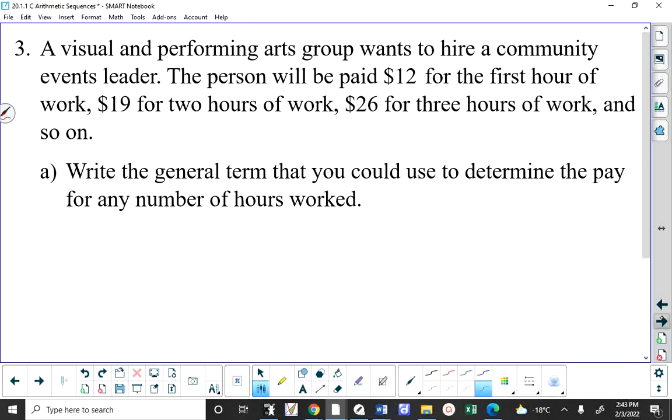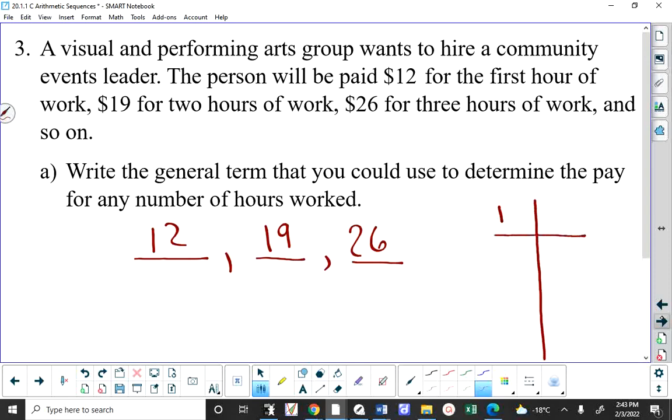When you look at those numbers, we're talking about arithmetic sequences. Do those numbers form an arithmetic sequence? Yeah. So what we could do is take 12, 19, 26, and we could say this is n and this is tn. 1, 2, 3, 12, 19, 26.